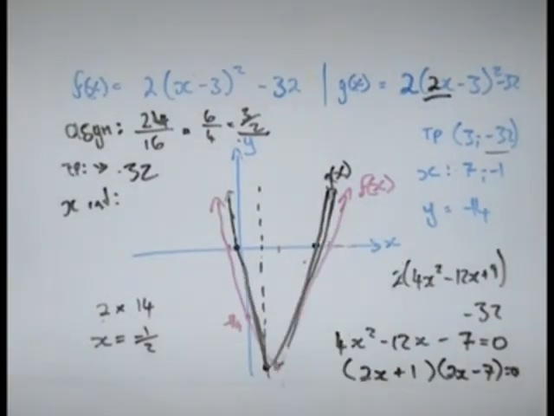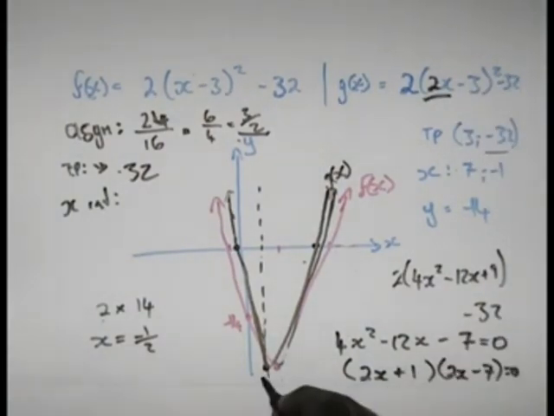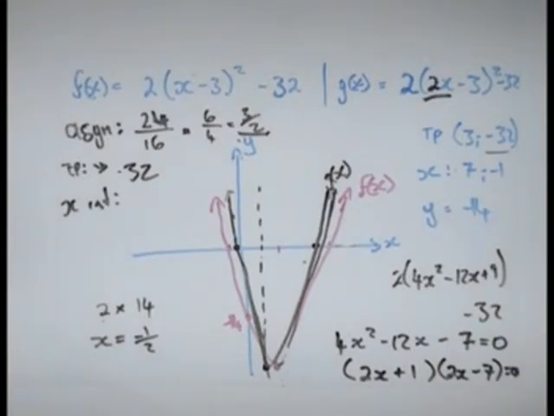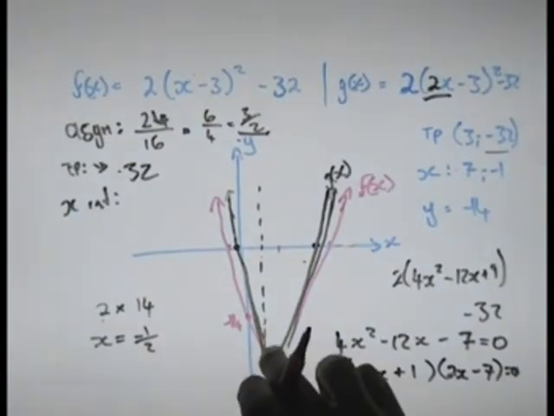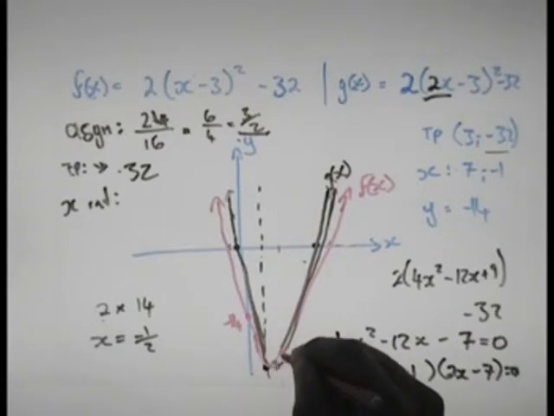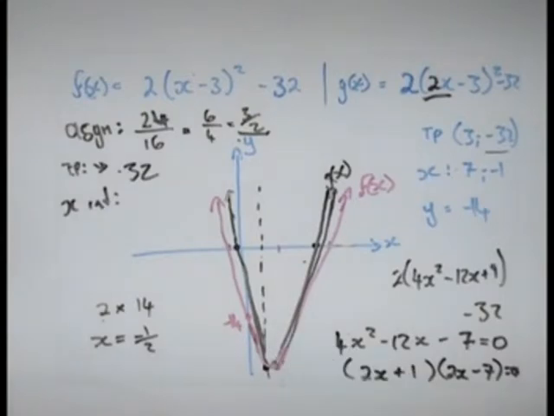You can see that it has contracted inward because of that 2, and the turning point has moved slightly to the left. But essentially it's still the same graph, it's just been shrunk inward. And if my graphs were accurate, you would have found that this graph does always stay almost under or inside the red graph, the f of x graph.